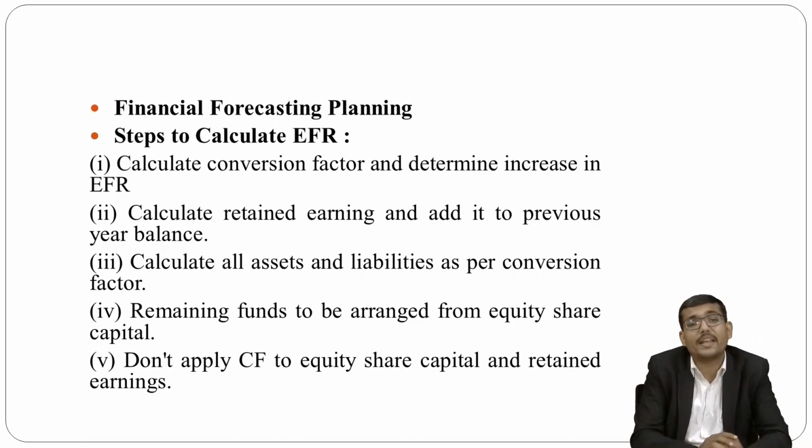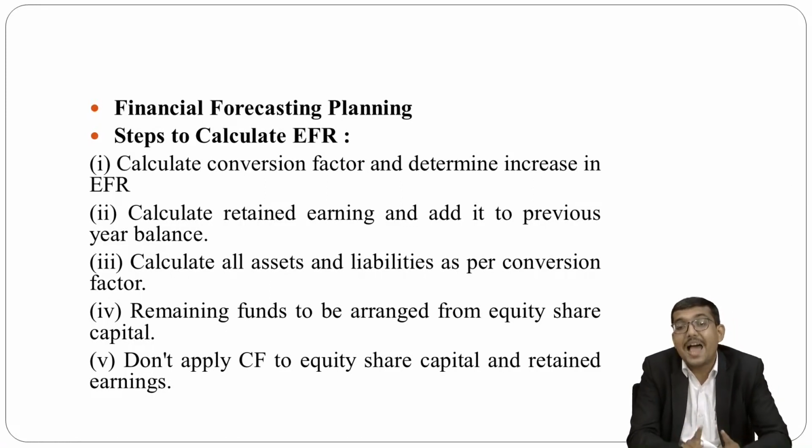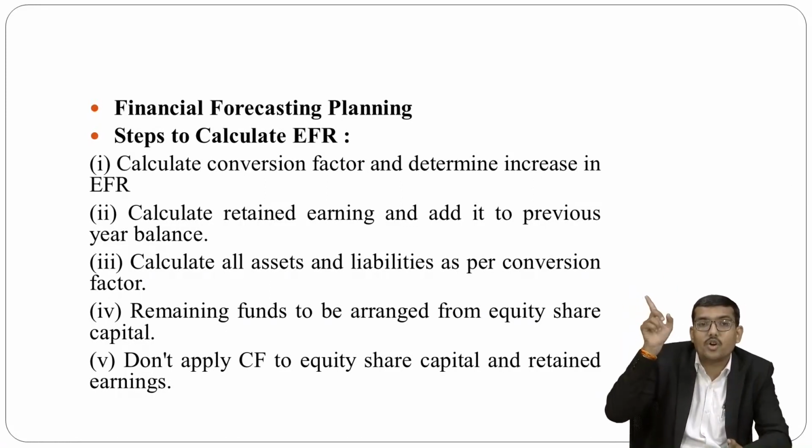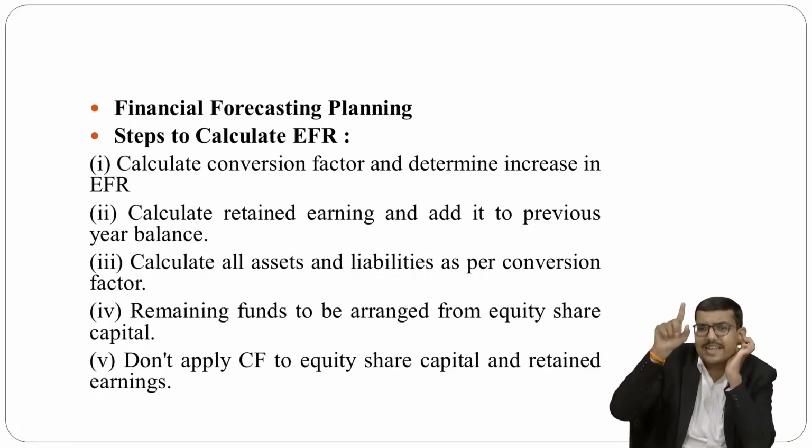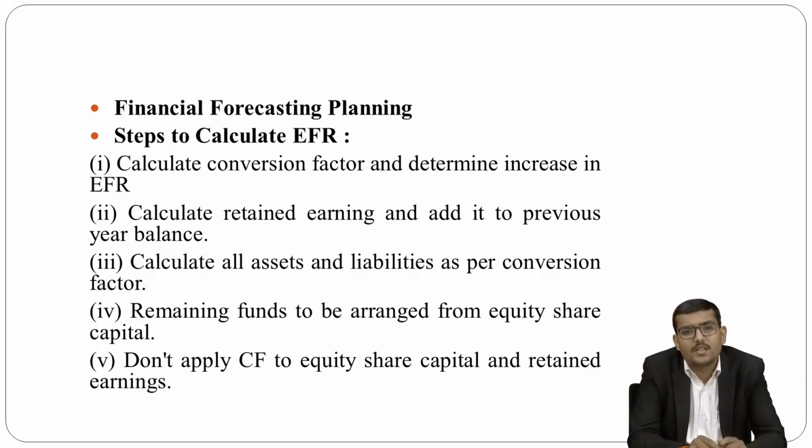Step number 2, my dear friends, calculate retained earnings and add it to the previous year's balance. Step number 3, calculate all assets and liabilities as per the conversion rate, that is the conversion factor in step number 1. Then step number 4, the remaining funds are to be arranged from the equity share capital.